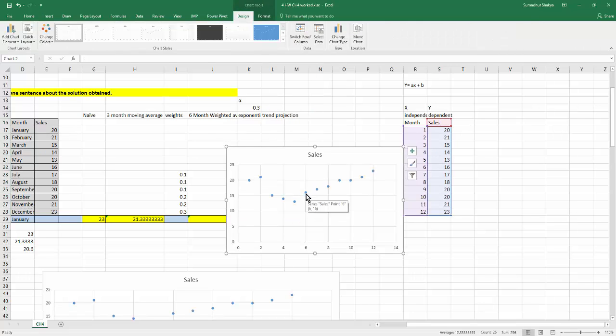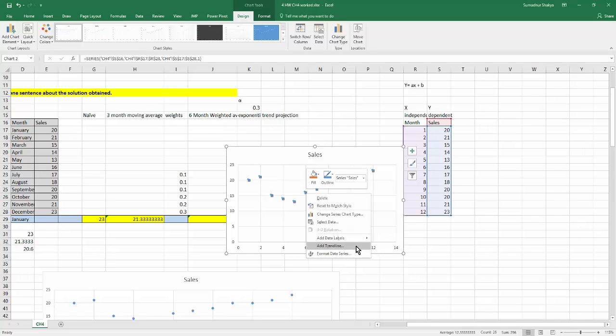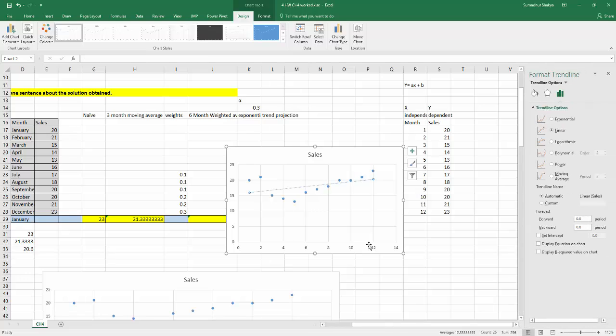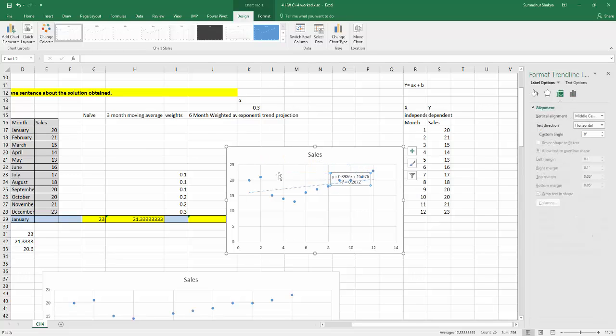Let's use the scatter plot. Select, right click, add a trend line. Now the moment you add the trend line, you have the option to display the equation on the chart and display the R square.